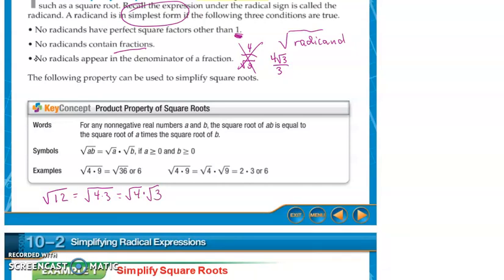And you also can reverse because this is multiplication. So what you're seeing up here are some examples. Square root of 4 times 9 is the same thing as the square root of 36. You're multiplying whatever is underneath the radical sign, but only if it's underneath the radical sign. Anything outside of the radical sign can't be multiplied by the stuff inside unless you do certain things to it.